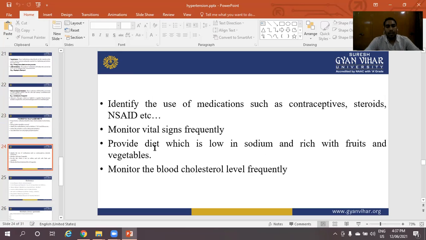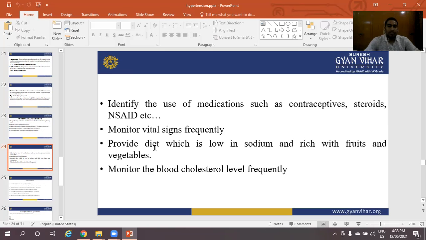Identify the use of medications such as contraceptives, steroids, and non-steroidal anti-inflammatory drugs, because these can cause hypertension. Monitor vital signs frequently.